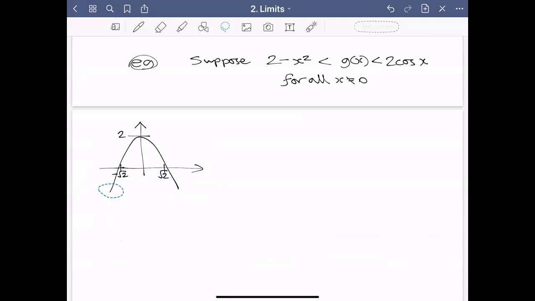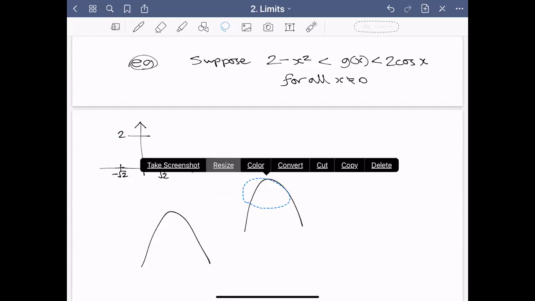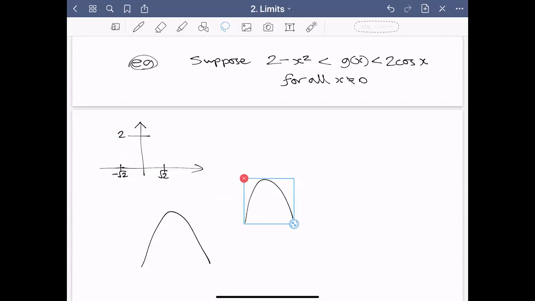That's not so good. A bit narrower. Try that. Not perfect, but good enough. And what about 2 cos x?